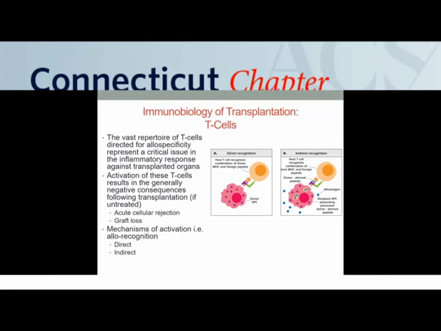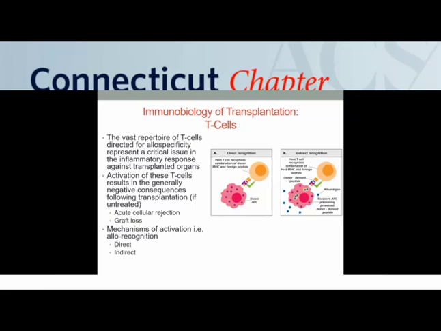Now, they can present it directly to recipient T cells. So T cells could just be circulating within the graft, and all of a sudden they encounter a donor antigen-presenting cell. And why does it even matter if it's a donor? But they directly get activated. Or there's the more classic way where an antigen-presenting cell from the recipient goes through the organ, picks up foreign tissue, goes back to a lymph node, presents it to a T cell that gets activated, then it goes back to the graft and causes injury, which is indirect.